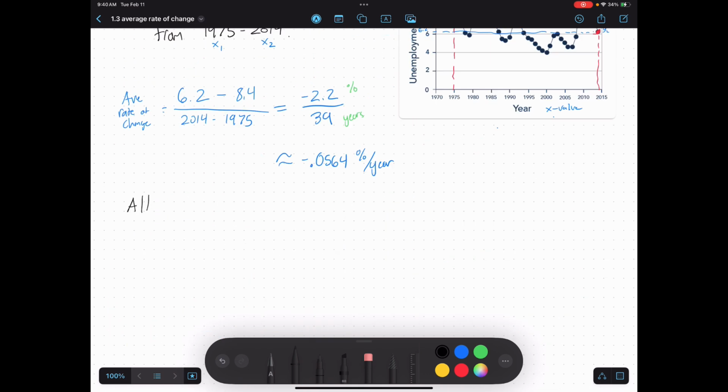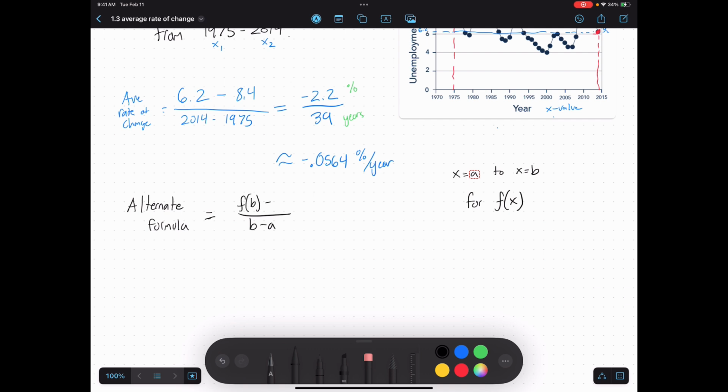Another way I could change up my average rate of change formula is, let me just do this with function notation. If I give you 2 different x values, then of course, the change in x is easy enough to calculate, where you can just do b minus a. But how would you get the y values? You can just plug them into the function.